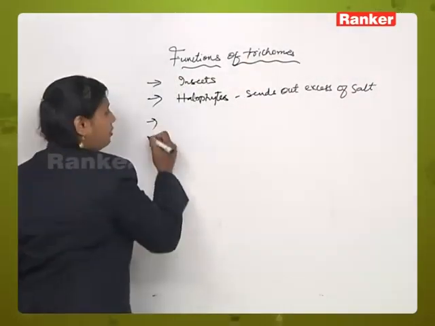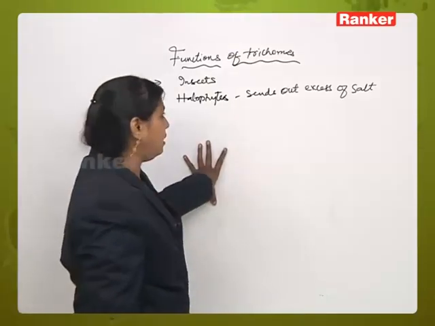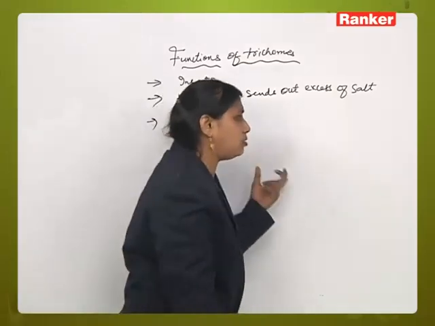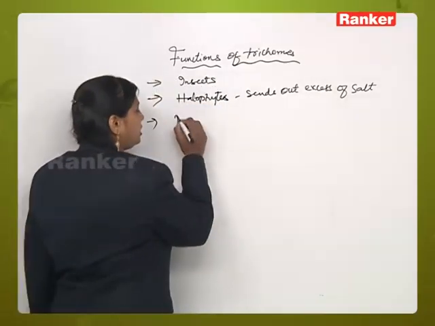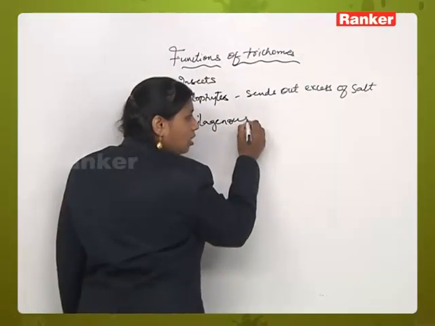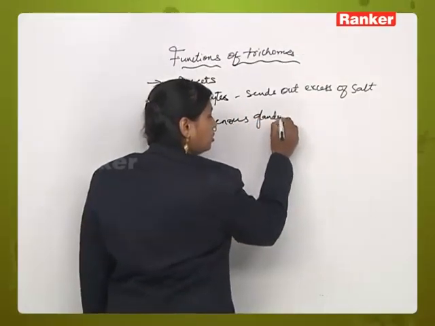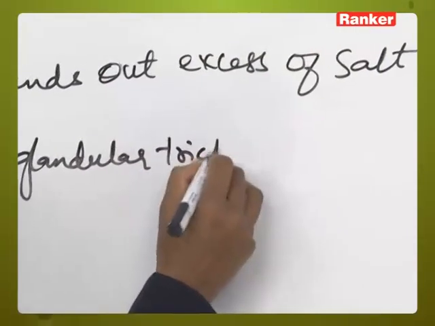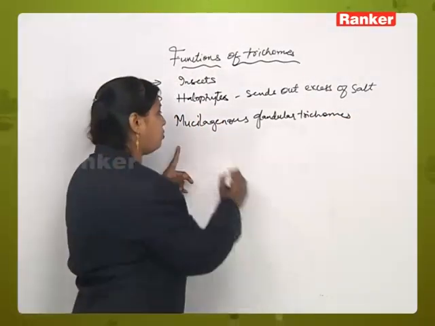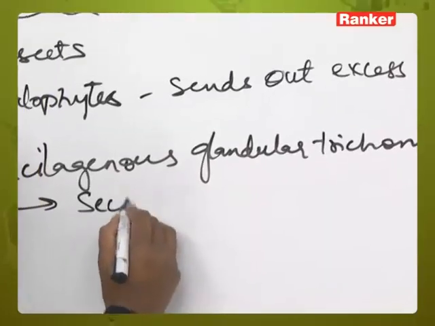Next, there are different types of trichomes which we have not added in this lecture because that is out of syllabus. Some trichomes are called mucilaginous glandular trichomes. What is the use of these trichomes? Mucilaginous glandular trichomes are useful for the secretion of mucilage.